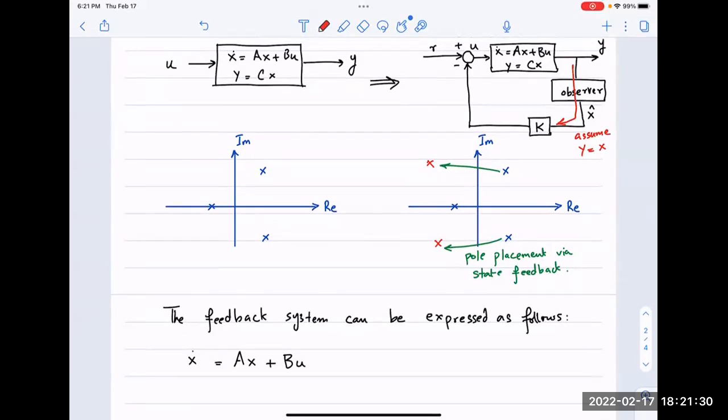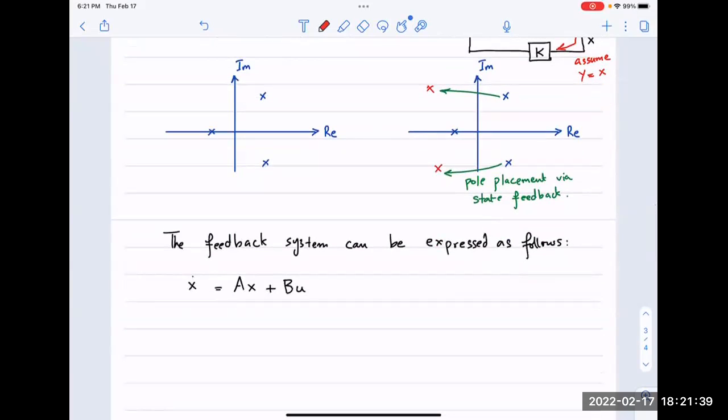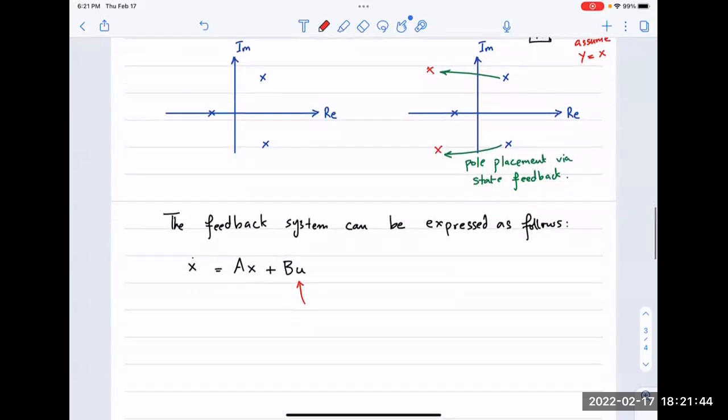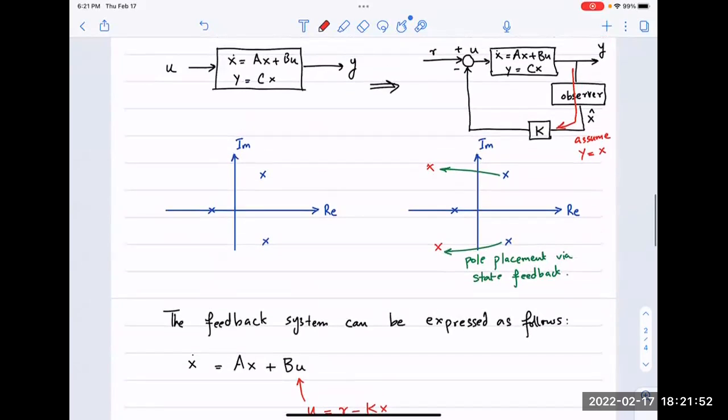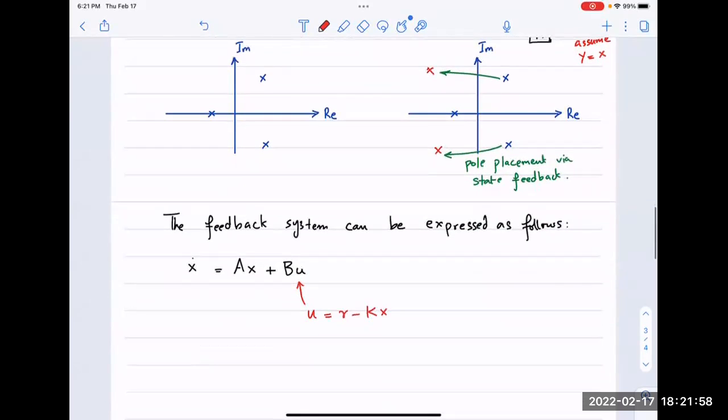But in the next lecture, we will start to eliminate this assumption and start to work with the x hat. So here, if you just assume that the output has all the state information, this u is basically r minus Kx, looking at the diagram. Then this dynamics can be written as Ax plus B times (r minus Kx).